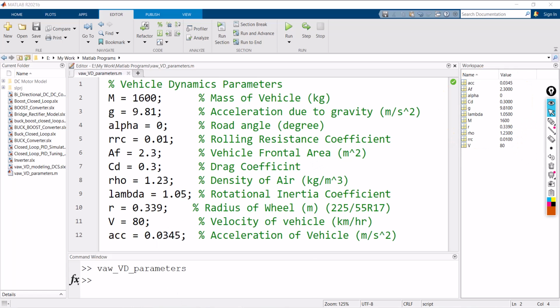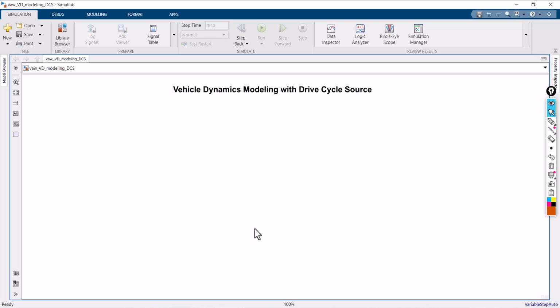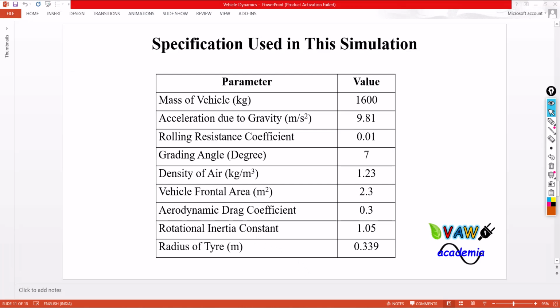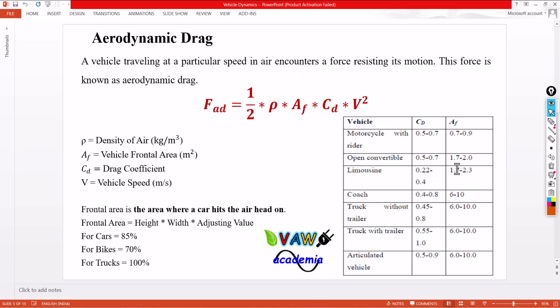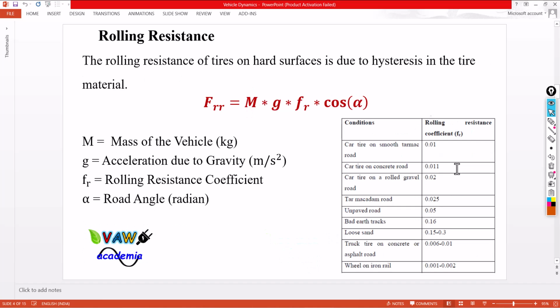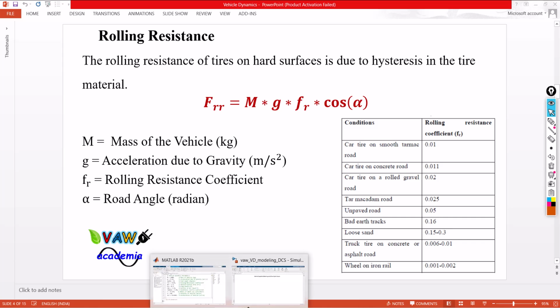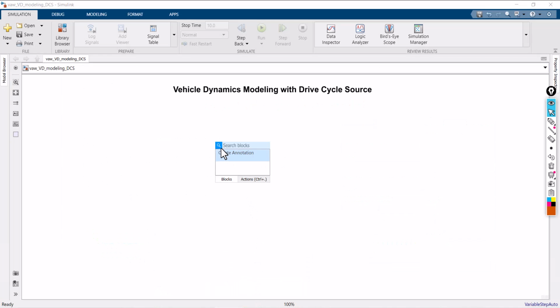Now I'll move on to Simulink, where I'm going to create the vehicle model with respect to this equation. If you want, you can take these equations as a reference. I'm starting from the rolling distance. For that, I'm creating a subsystem.